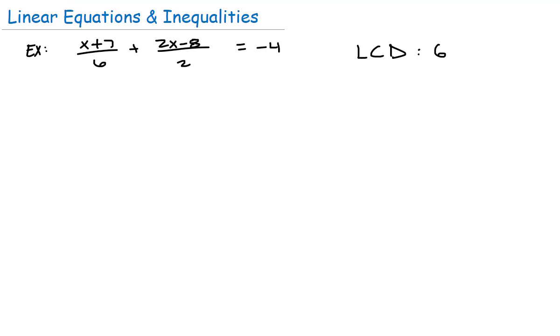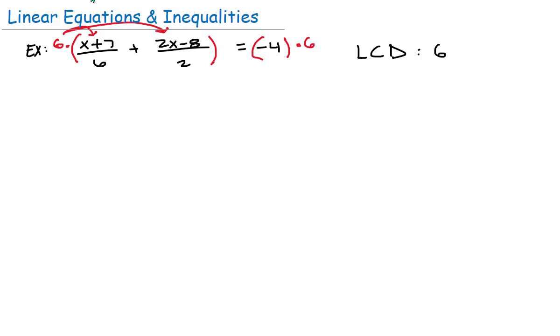So what we're going to do is take this equation, and whatever we do to one side of the equal sign, we have to do to the other side. So we're going to multiply both sides of this equation by 6, the common denominator. And then when we multiply, be careful, don't just cross off the 6's like canceling. They will divide out right here, but you do have to distribute the 6 or the denominator to all of the terms.